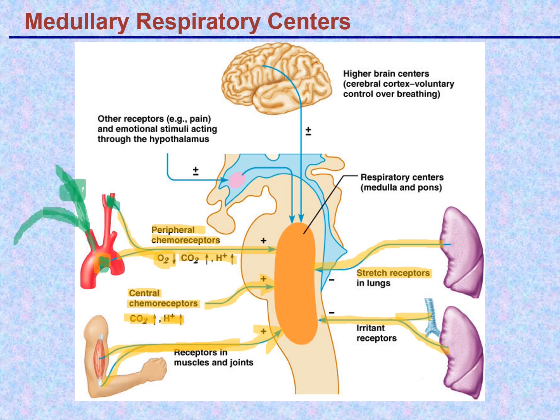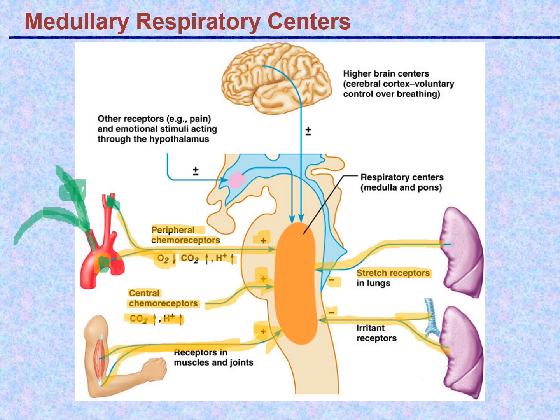These are all sensory information coming into the respiratory centers that trigger positive increases in rate and depth of breathing. These ones, the stretch receptor information, the irritant, will decrease rate and depth of breathing.